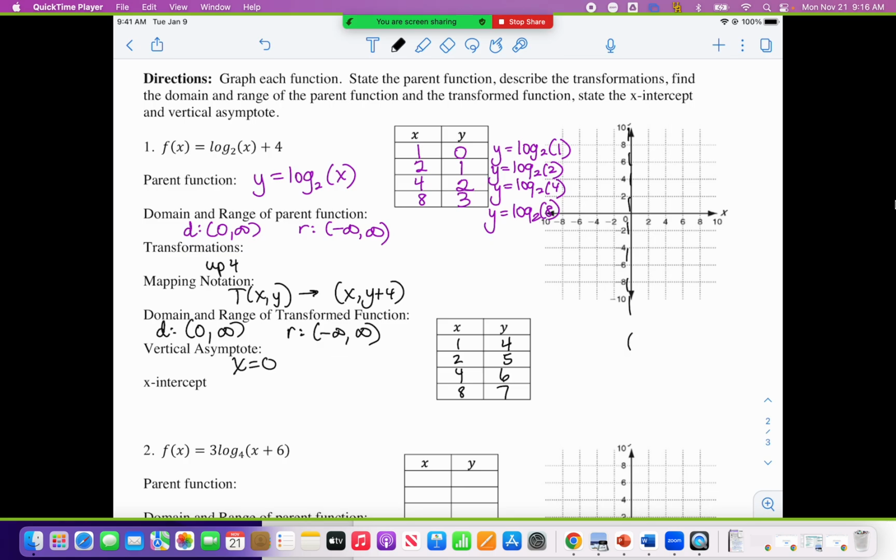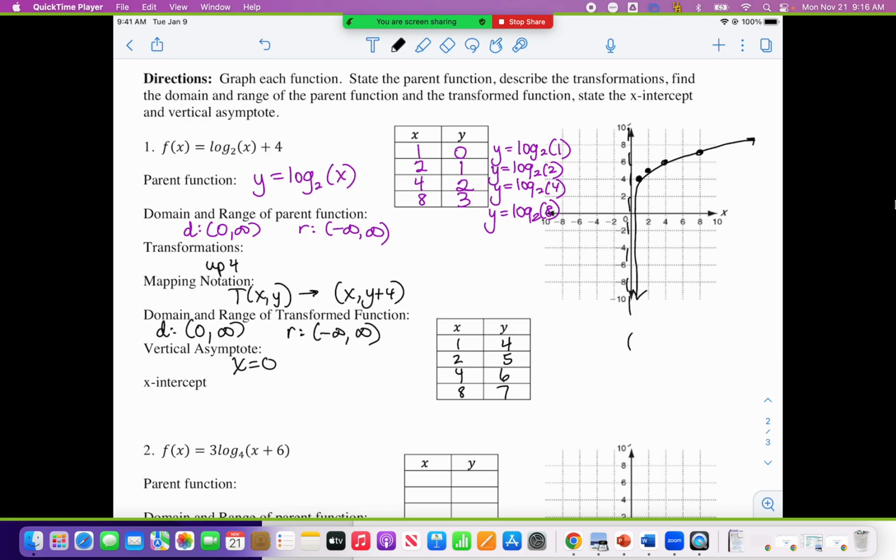Now be careful how this scale is. I have 1 comma 4. This is going by 2's everywhere. Now don't stop. This will cross. Now it did ask me for the y-intercept.